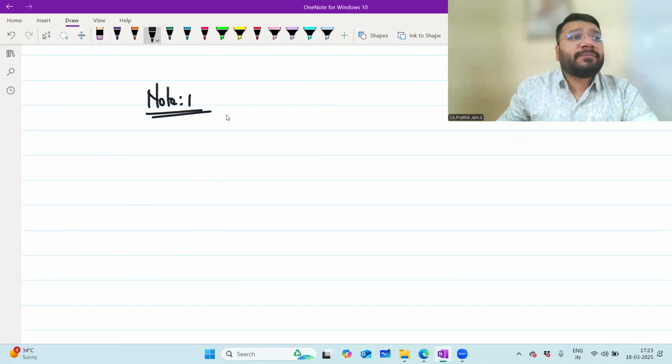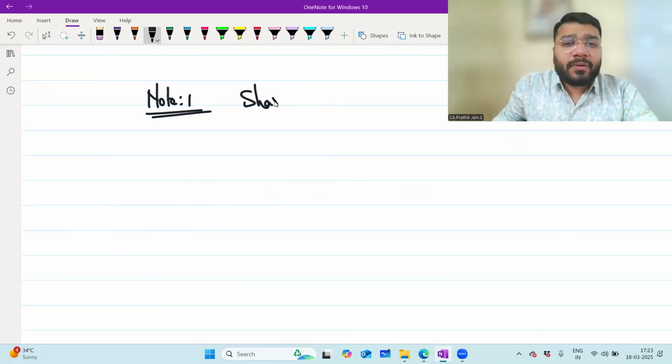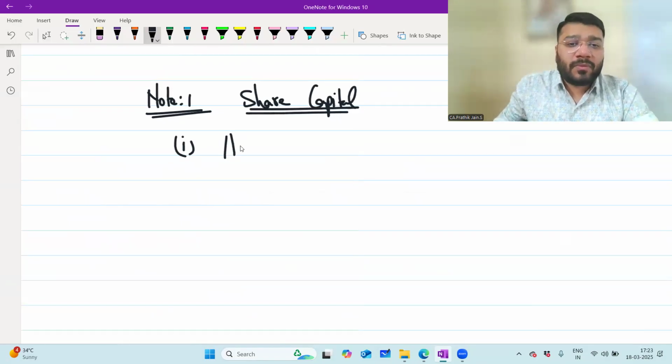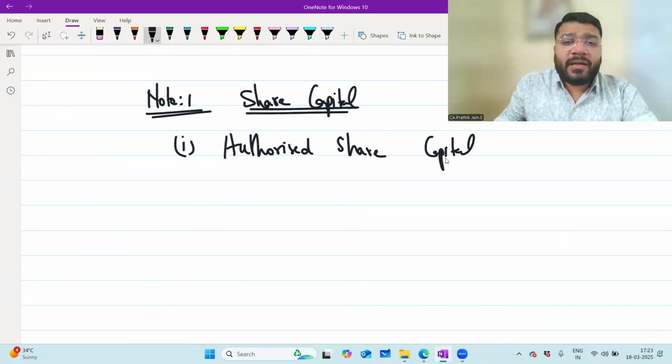What is the heading for note 1? Share capital. Under that, authorized share capital. Any information is given on authorized share capital? We can leave it blank. What have they done in the textbook?